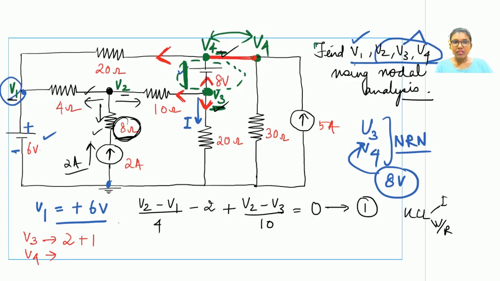Now, is this node branching out to some different branches? Yes, it is branching out to 2 different branches, and the KCL can be written for these 2 branches. So in all, how many branches are connected to V4? It is 1, 2, 3, and this one being the 4th.